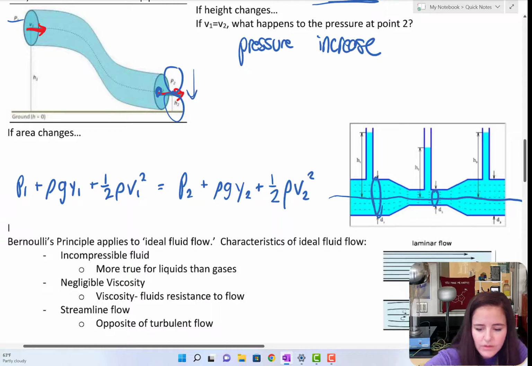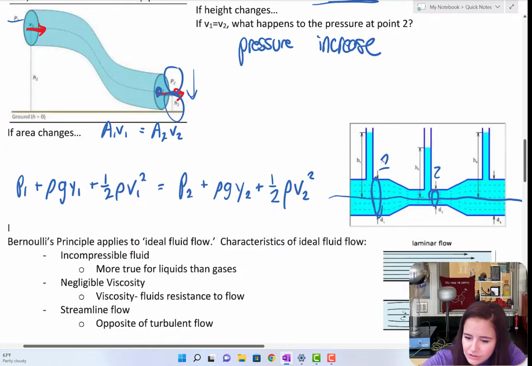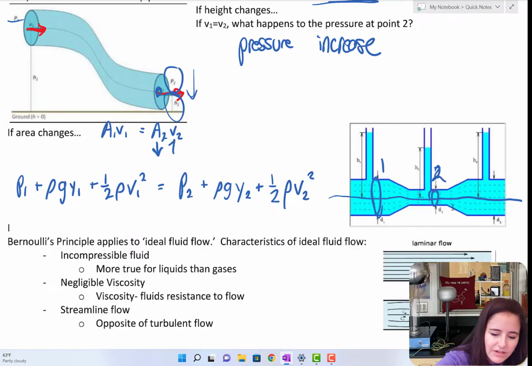So whenever we're doing things with area changes, we have to start from the continuity equation. A1V1 equals A2V2. Now, I'll say this is my spot 1 and this is my spot 2. So if we're going from spot 1 to spot 2, the area is decreasing. So if the area is decreasing, the velocity must increase.